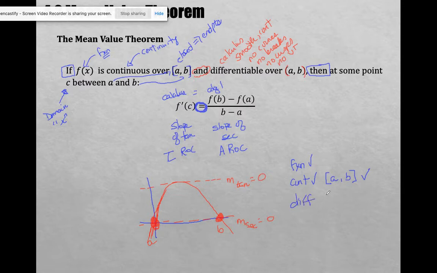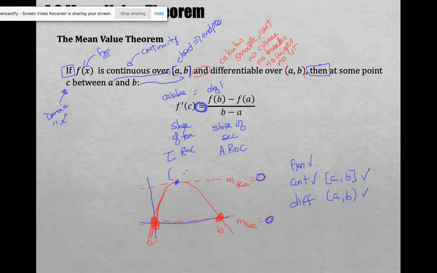Am I differentiable on the open interval A, B? Well, again, a quadratic is differentiable everywhere, so I certainly am differentiable in between A and B. If those things are true, then I was guaranteed to find this tangent where the average rate of change over the interval was the same as the instantaneous rate of change. And further, look at the point of tangency.